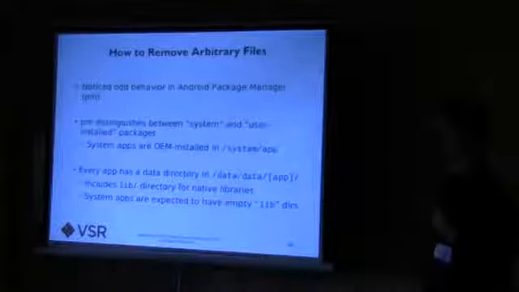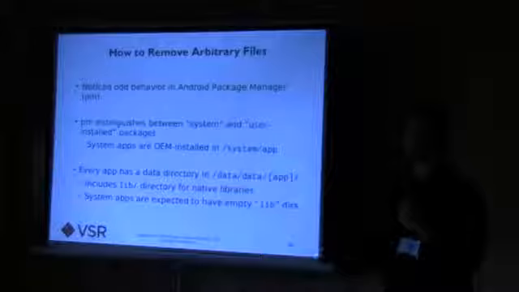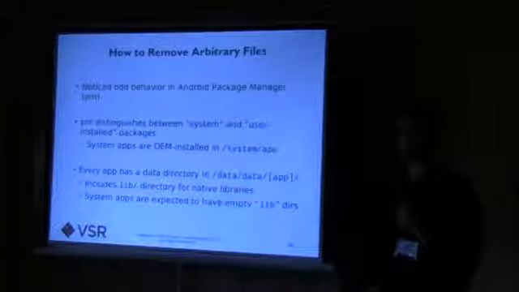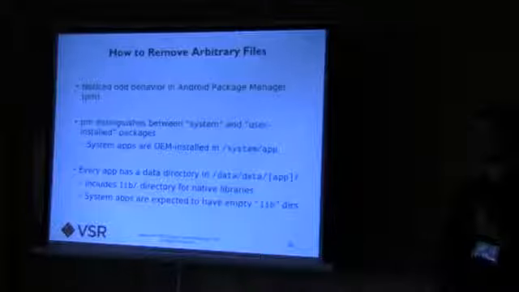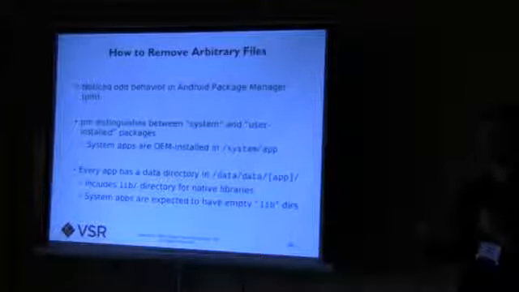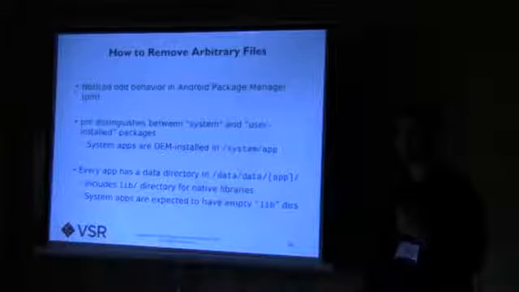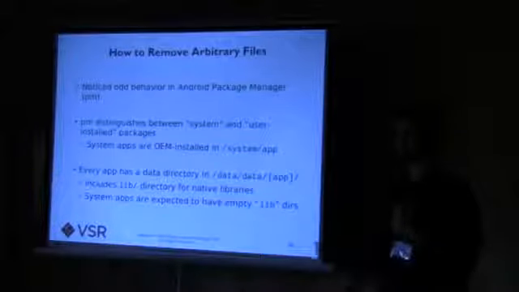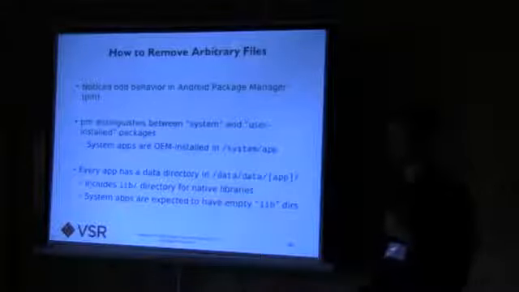And I noticed an odd behavior that the Android Package Manager has. PM distinguishes between system and user-installed applications, where user-installed applications are installed on the data partition, and system applications are installed by the OEM on the read-only system partition. Now on Android, every application has a data directory in data, com.myapp.whatever directory.